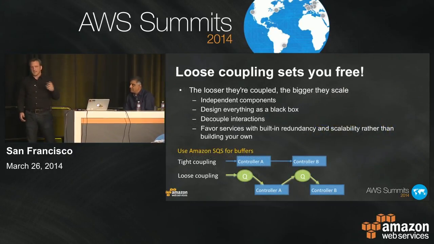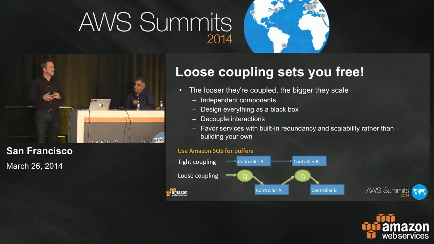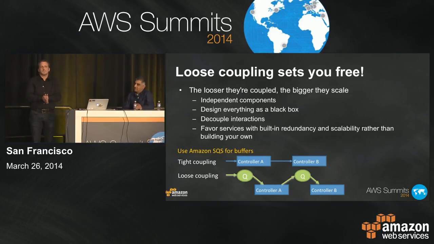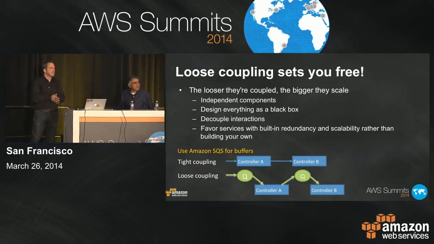So there's another capability as well that starts showing at this level that if you hadn't emphasized previously, you really should start emphasizing at this level of scale, and that's loose coupling.